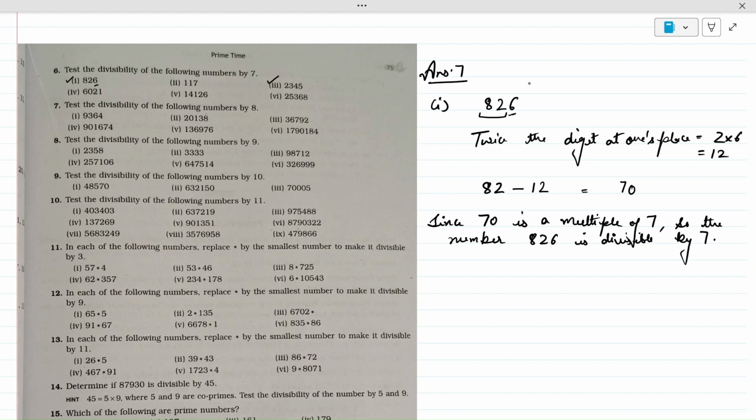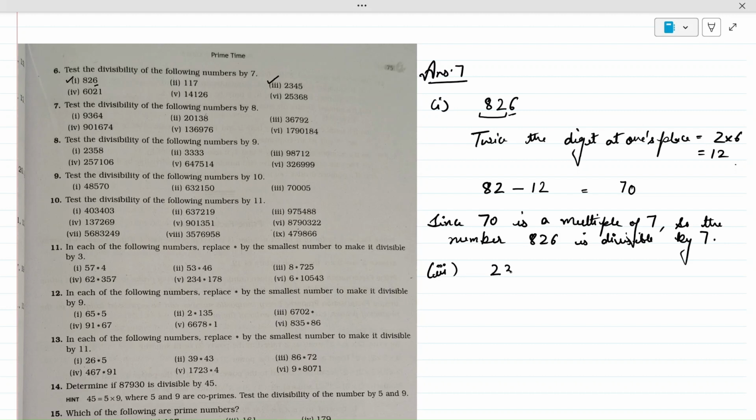This is easy. What we have done is we have taken the last digit and doubled that digit. We have got 12, and now we have to subtract this number from the remaining digits. So kids, we have already done this in NCERT. So let's pick the next part.